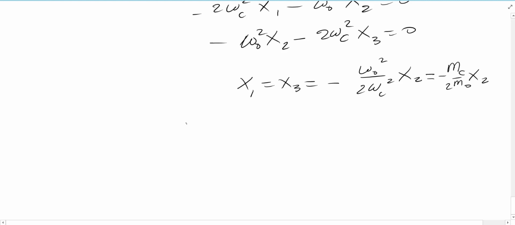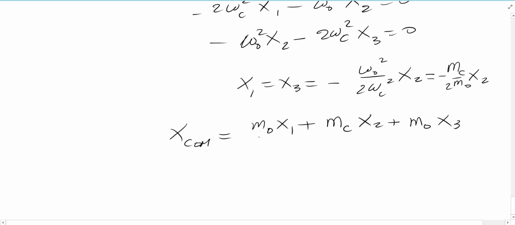center of mass is given by M1 x1 plus, which is in this case mass O, plus M of carbon times x2 plus mass of oxygen times x3 divided by the sum of the masses.